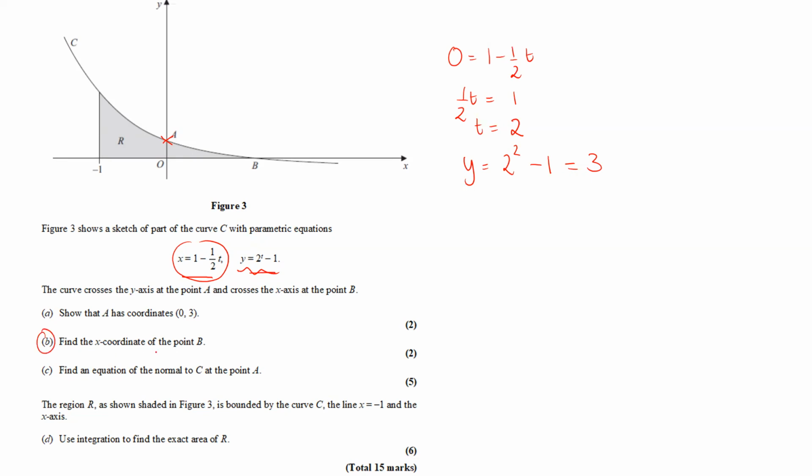Then similarly, find the x coordinate of the point B. So what's happening at B? This time the y coordinate is 0. So if we let y equal 0, 2 to the t minus 1, and put 1 on the other side, 2 to the t equals 1.